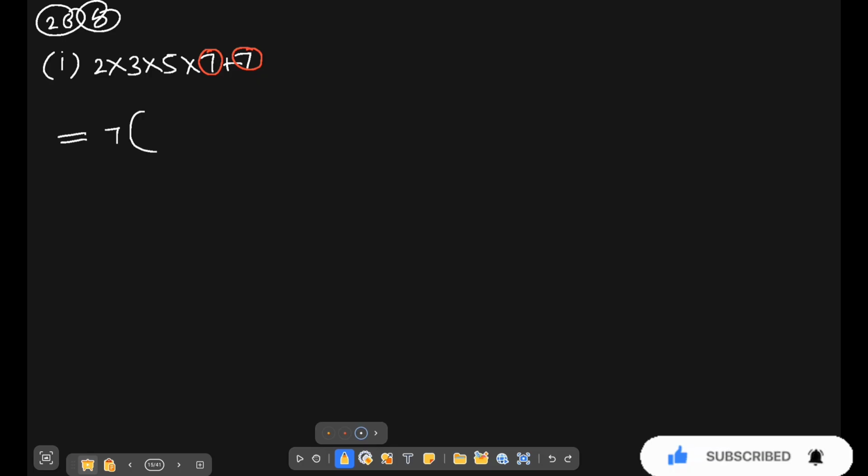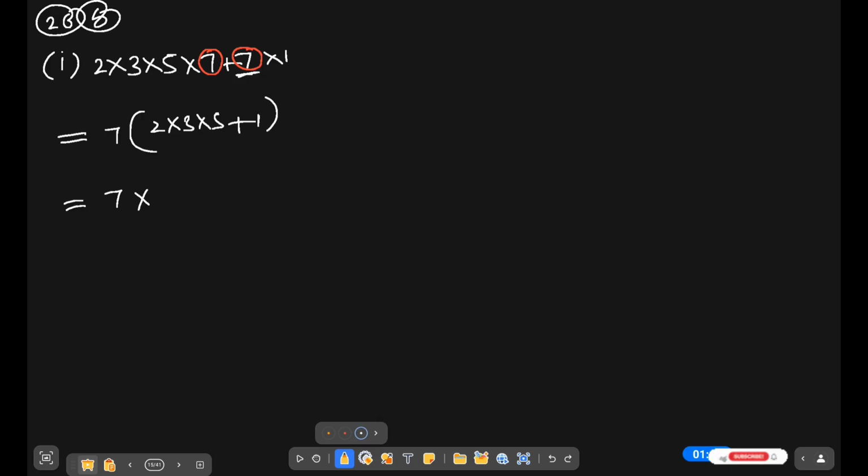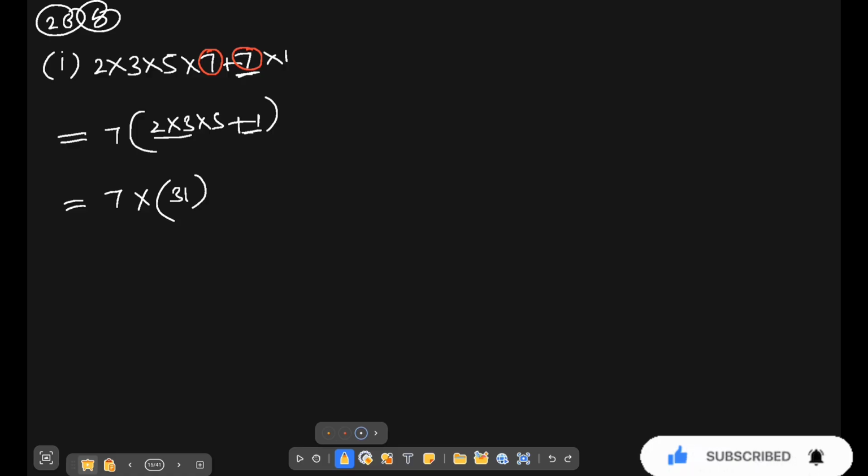Now inside the bracket we will have 2 into 3 into 5 plus 1. So 7 into, inside the bracket, 2 threes are 6, 6 into 5 is 30, plus this 1, 31. So now it can be written as 7 into 31.